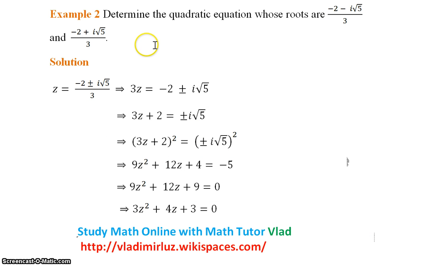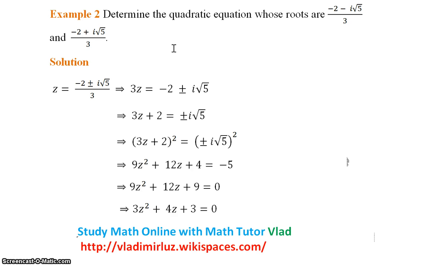Example 2. Determine the quadratic equation whose roots are minus 2 minus i square root of 5 over 3 and minus 2 plus i square root of 5 over 3. Again, you see that the roots are complex conjugates, because the equation probably would be with real coefficients a, b and c.